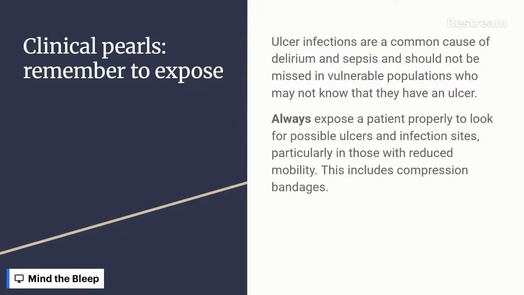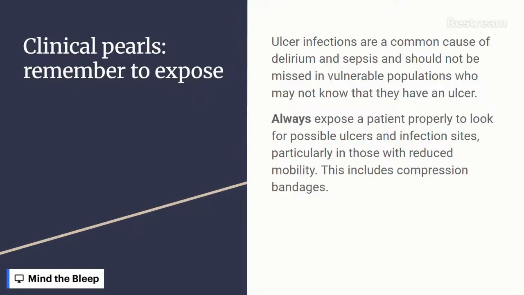It's very important to expose the patient and to have a look, because like I mentioned in the previous slide, these are breeding grounds for microbes, for bacteria, and can easily become infected. If they are infected, then the patient as a whole may develop a fever, they may become cellulitic, they could even become septic, and like I said, they may present with confusion or a fall, especially in the elderly population.